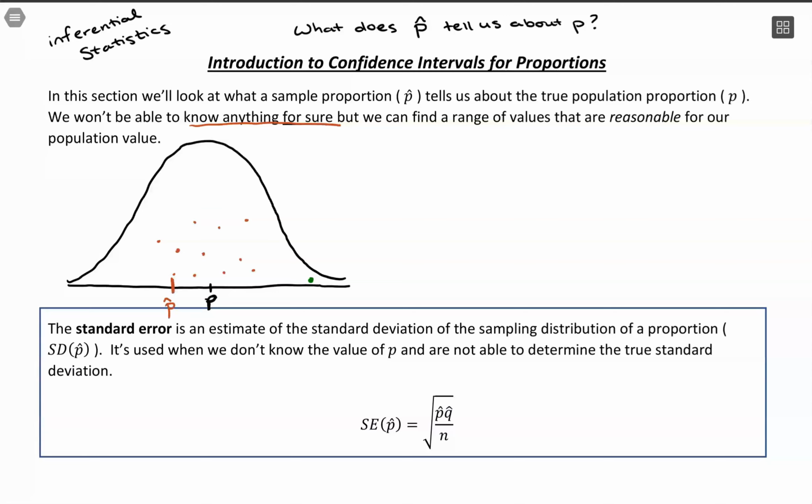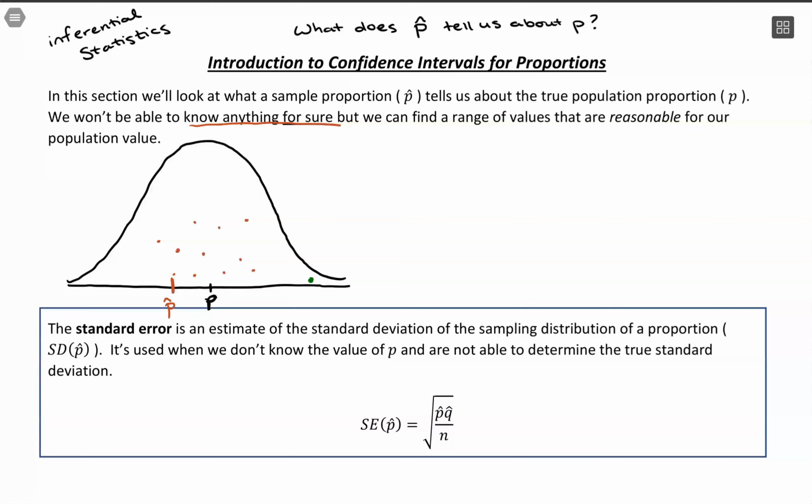So that sample proportion, we can call the point estimate, also called our sample statistic, some terminology you'll see there. But the idea is that collecting that random sample and getting this value for a sample proportion, this is our best estimate for our population value.